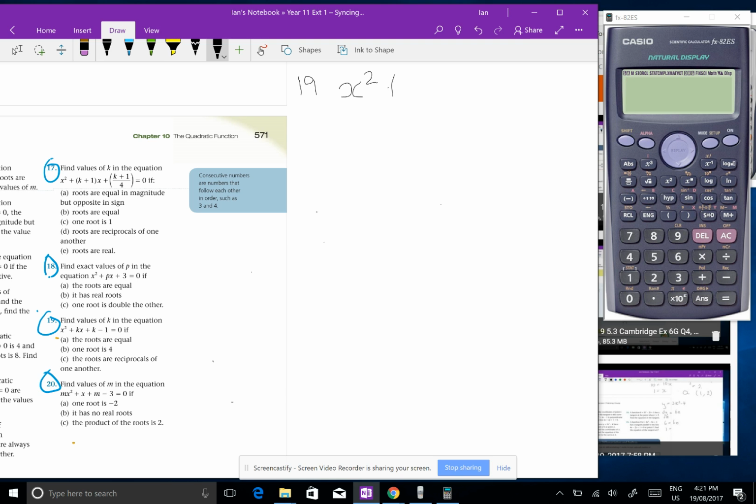x squared plus kx plus k minus 1 equals 0. Now, the first one, the roots are equal. Well, let's just use the discriminant for that. If the roots are equal in a, the discriminant has got to equal 0, which gives me b squared, that's k squared, minus 4 times the 1 times c, 4ac.